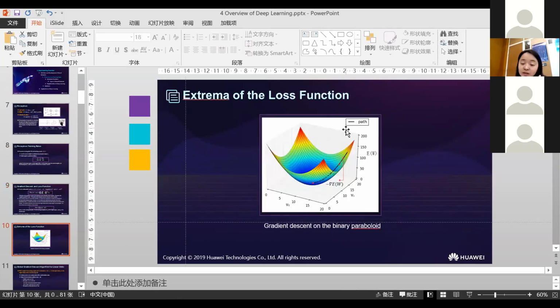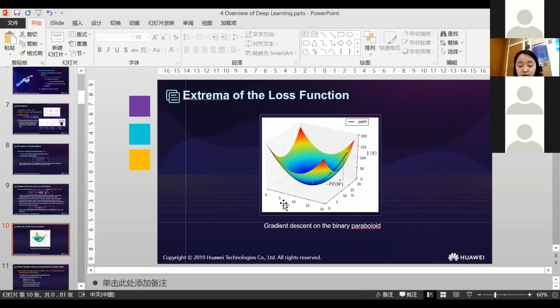For example, here is our loss function, right? This is the loss function. We've got two features, W0 and W1. And then we can calculate the error according to the equation.